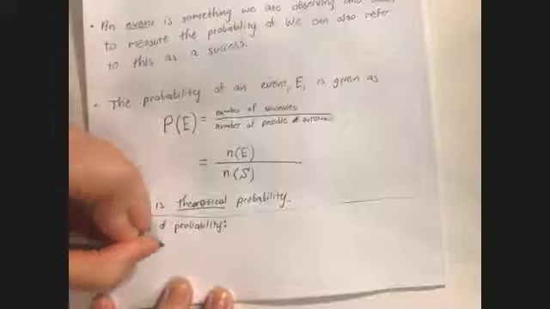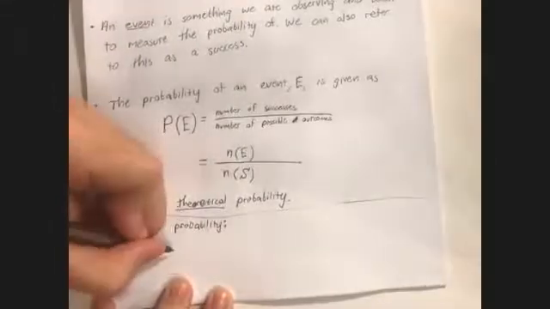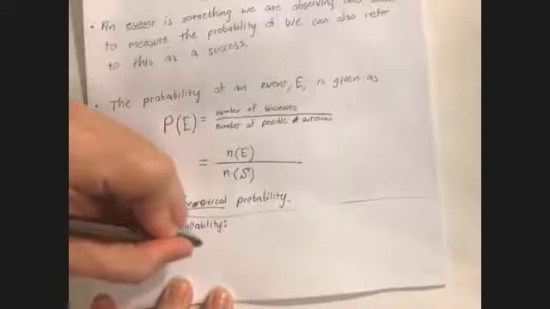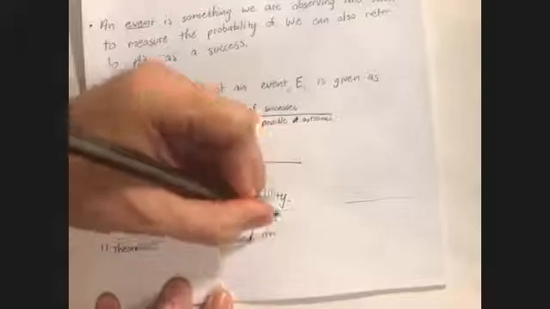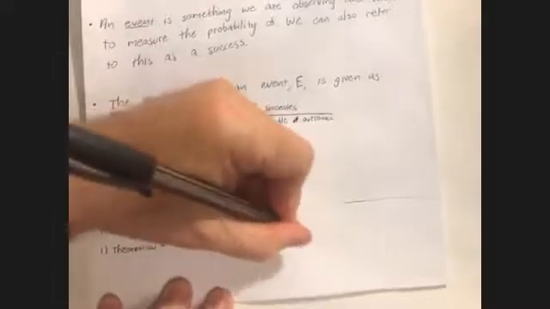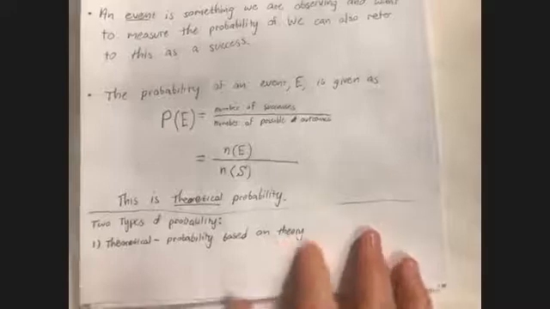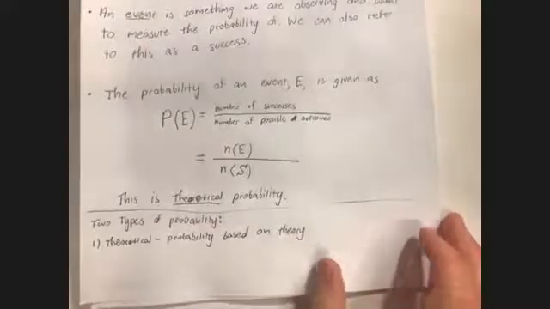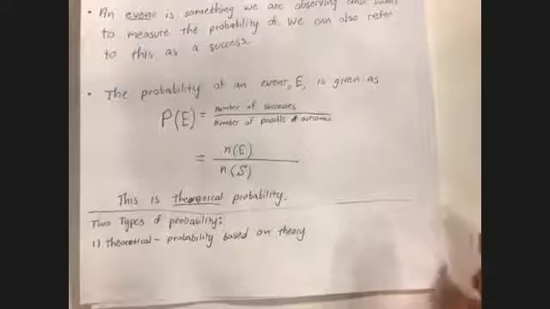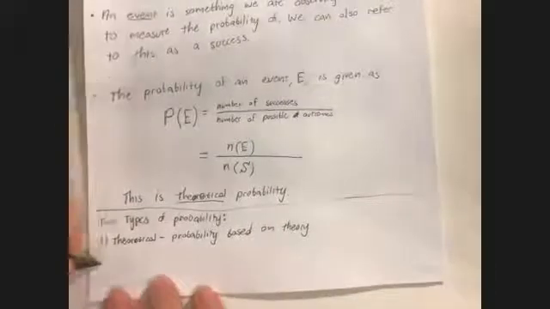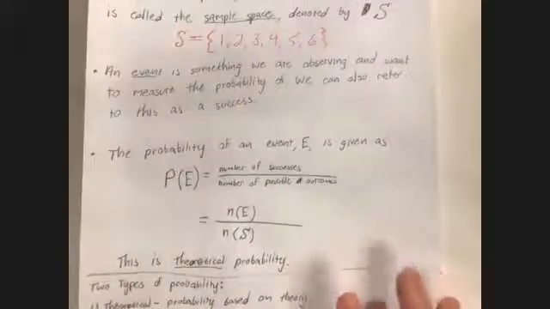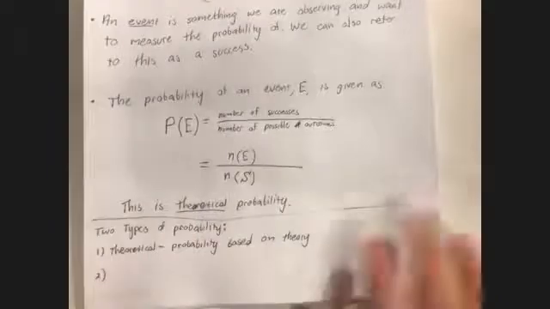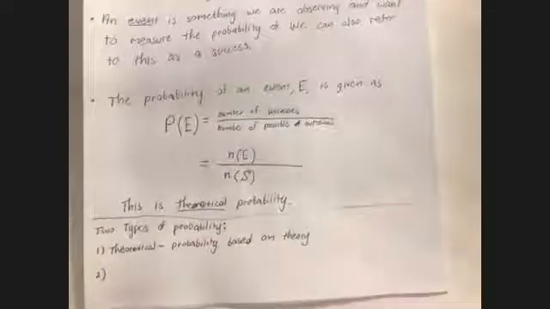What that means is this is probability based on theory. If I have a 6-sided fair die, then there should be an equal number of each of those possibilities, 1, 2, 3, 4, 5, 6, equally likely. Probability of choosing a card at random, 1 out of 52.